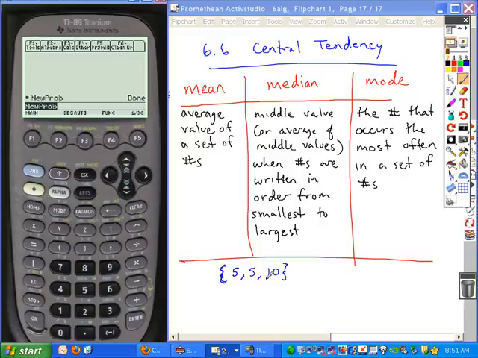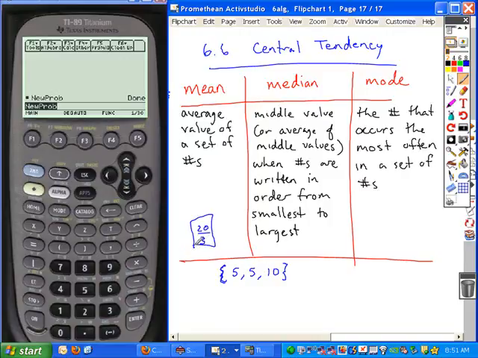So when you add them together, you get 20 divided by how many? 3. So here is your mean. It's just 20/3. Okay. What is the mode? Which number occurs the most often? 5. Okay. And what is the median? What is the middle number when you order them from smallest to largest?